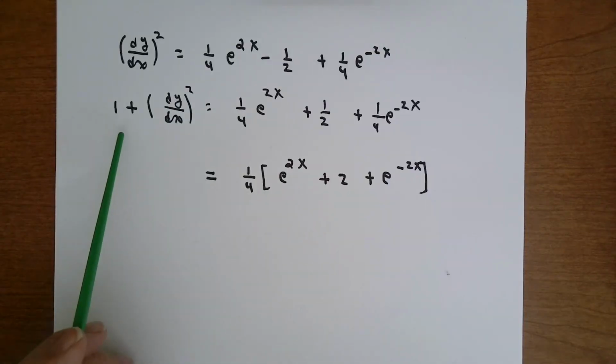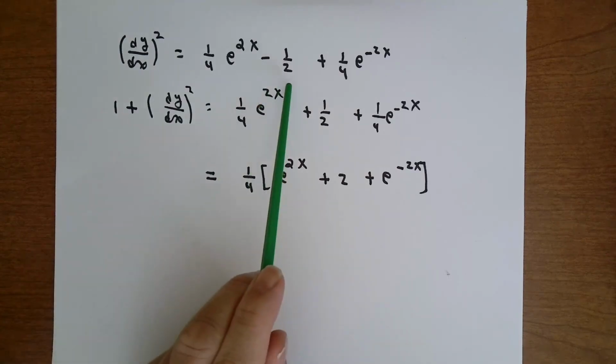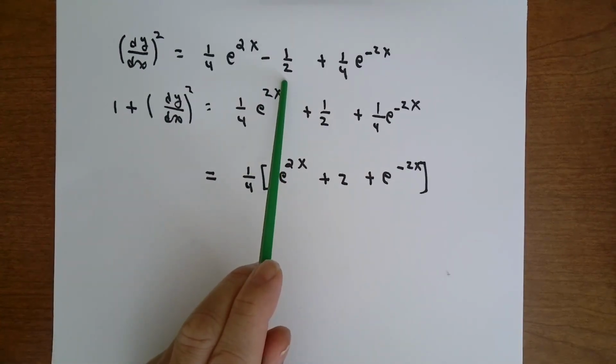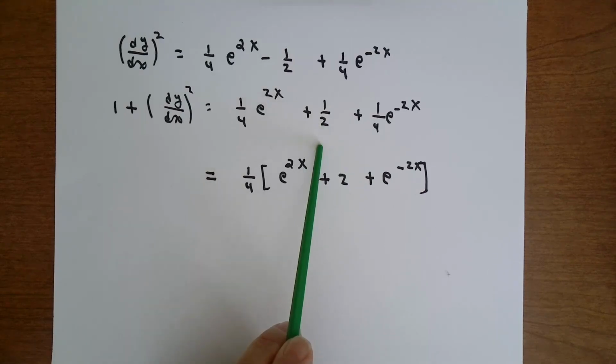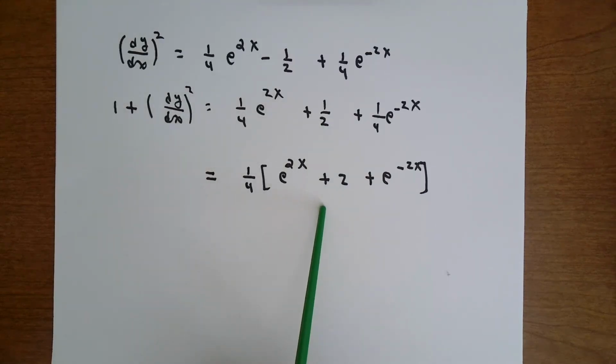When I add 1 to dy dx quantity squared, I already had a minus 1/2 as a constant term. When I add the 1 in, I'll have minus 1/2 plus 1, which is plus 1/2. Then I'm going to factor the 1/4 back out, and then a miracle happens.